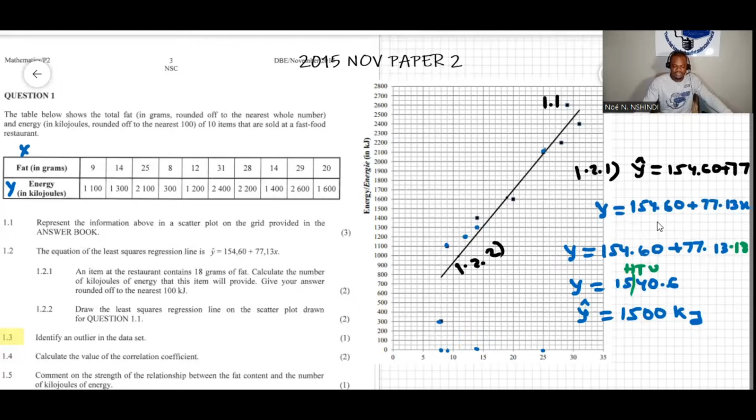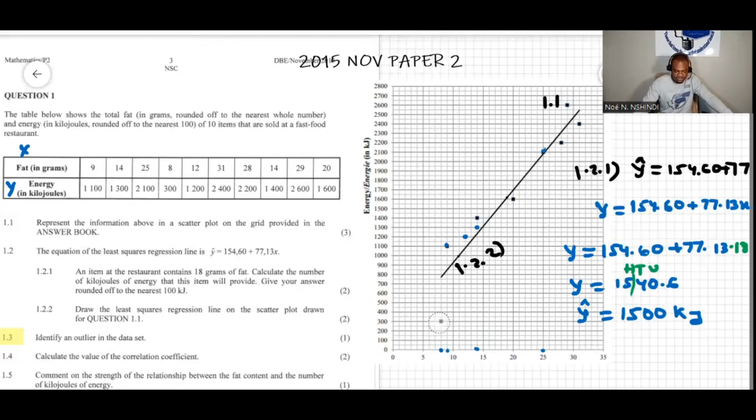Here, for instance, we can notice that there is a value that lies an abnormal distance from the others. Those ones are much closer to each other, but this is too far away from other values.